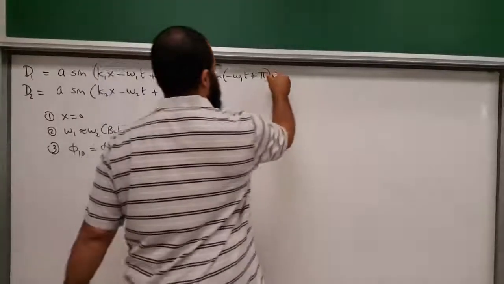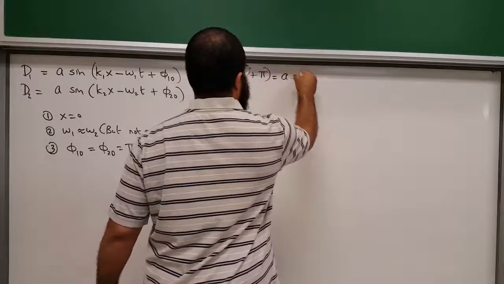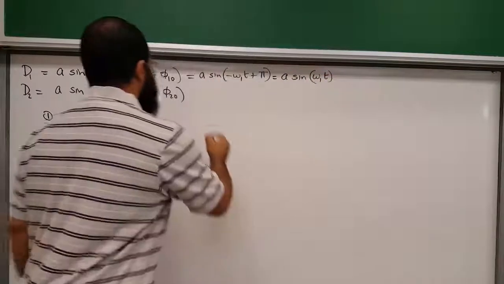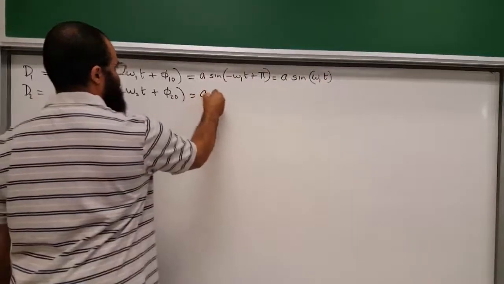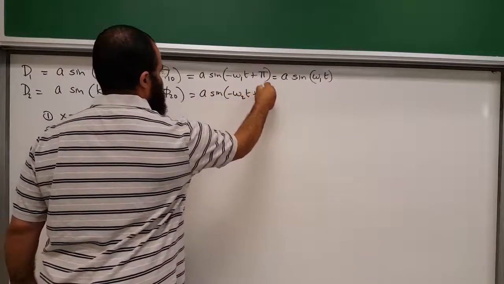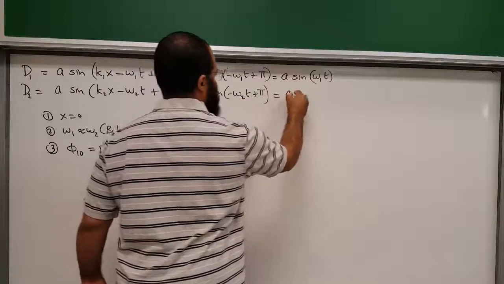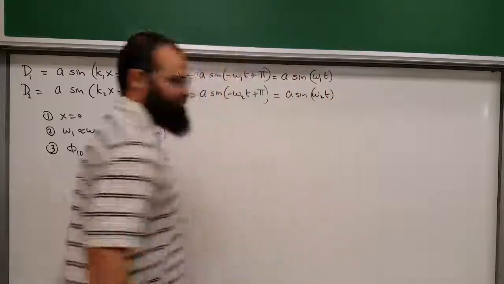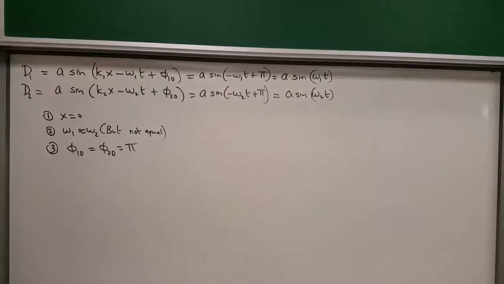So this simply becomes a times the sine of omega 1 times t. Similarly, the other one is a times the sine of negative omega 2 times t plus pi, which equals a times the sine of omega 2 times t. And now I'm going to add them.